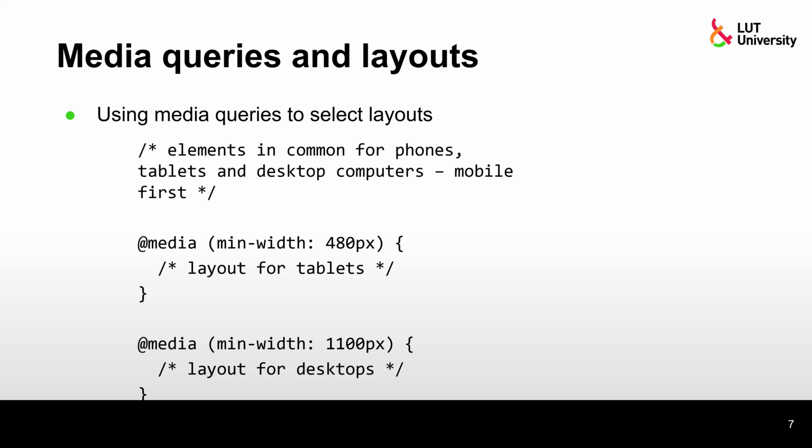In this part we are overriding the mobile first definitions with the layout definitions, and then we have even the media query min width 1100 pixels, which means that this is probably a desktop computer or laptop. So we are then overriding those parts that can be designed a bit differently for the desktop computer.